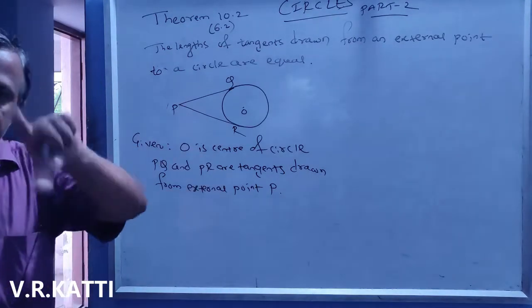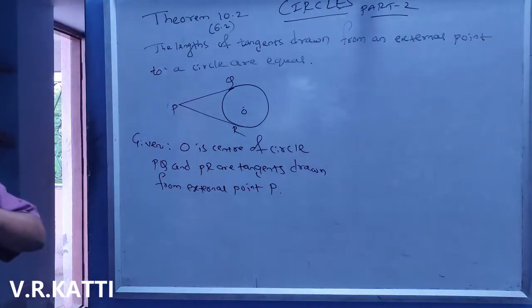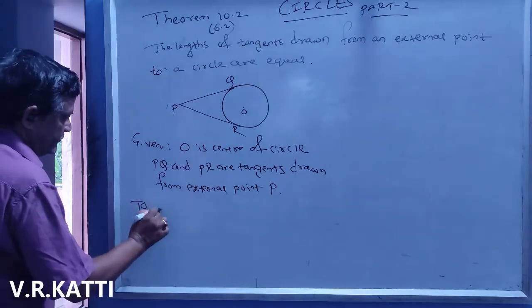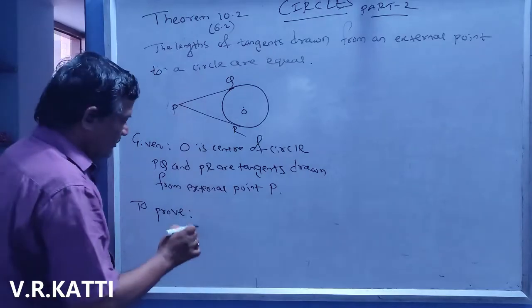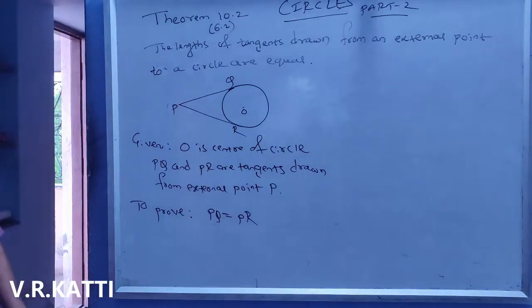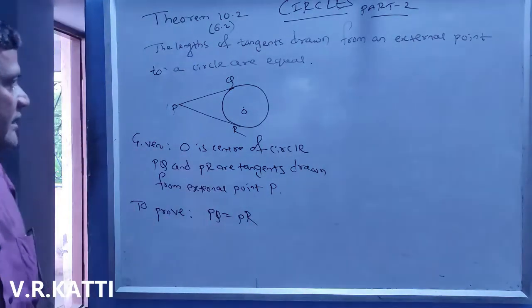PQ and PR are tangents drawn from external point P. What is to prove? To prove: PQ equals PR.